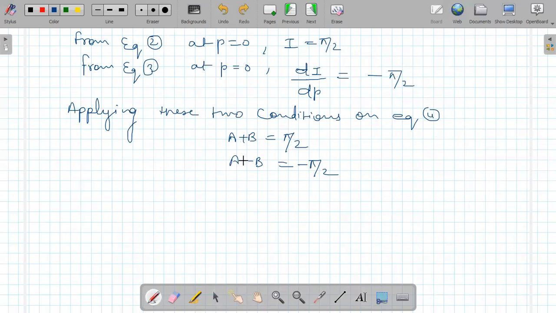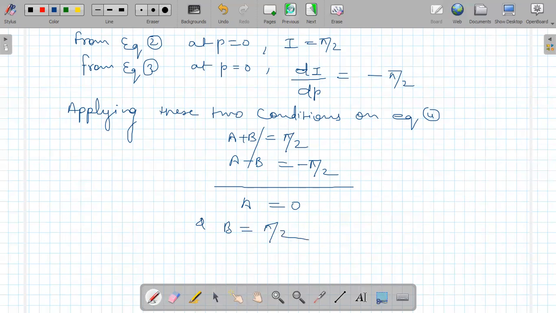Now we add them so that we have a is equal to 0 and b is equal to pi by 2.